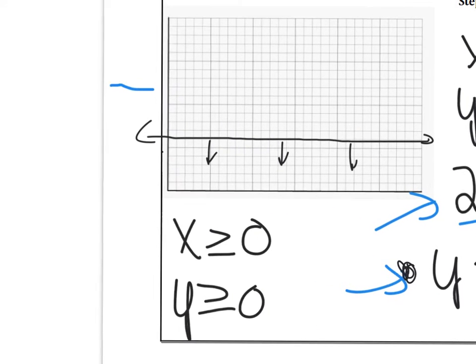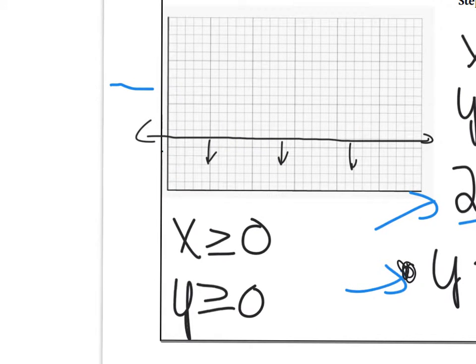So I'm going to go back up here. 10.5 is right about here. Okay, then I'm going to go down 1 over 2, like that. I'm going to be very picky about my line. So it's going to go like that.